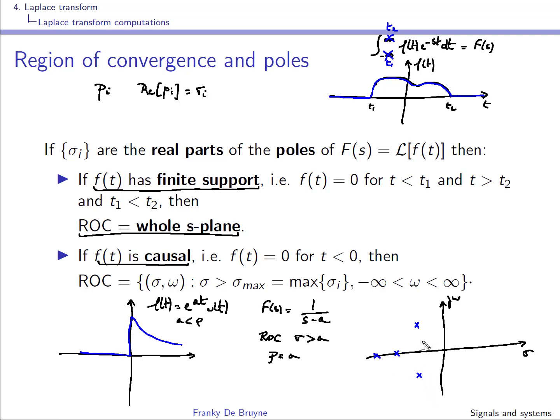Well, then you can look at the poles, in this case, with the maximum real part. It will be these poles over here, and then the region of convergence is to the right. Okay, so this is the region of convergence. So whenever a function is causal, you look at the poles, and the region of convergence will be to the right of the poles with a maximum real part.